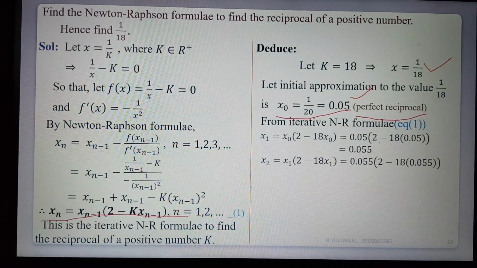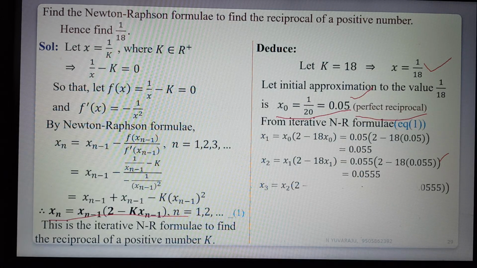Next, x2 approximation: x2 is equal to x1 into 2 minus 18 x1, that is 0.055 into 2 minus 18 into 0.055, so that is 0.0555.